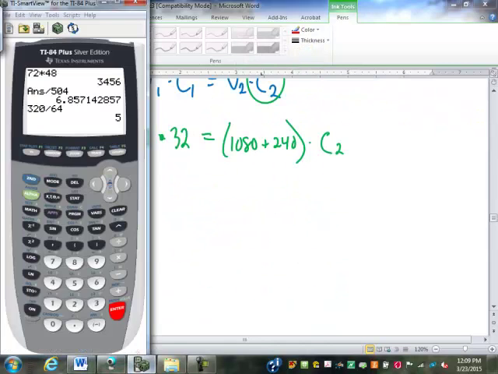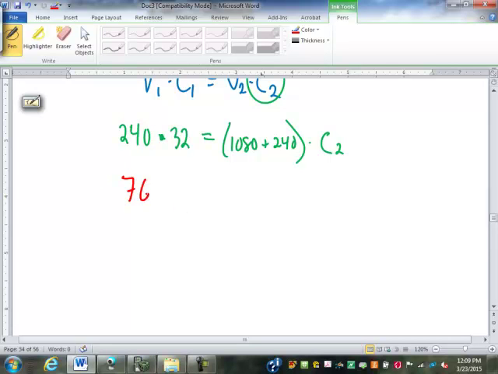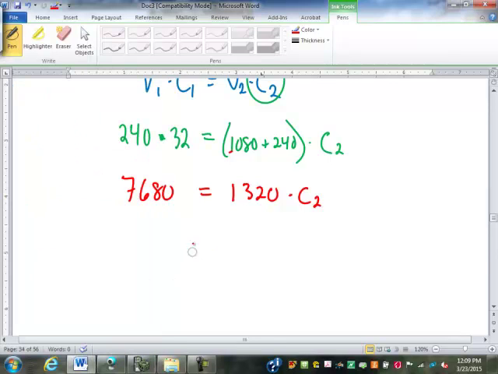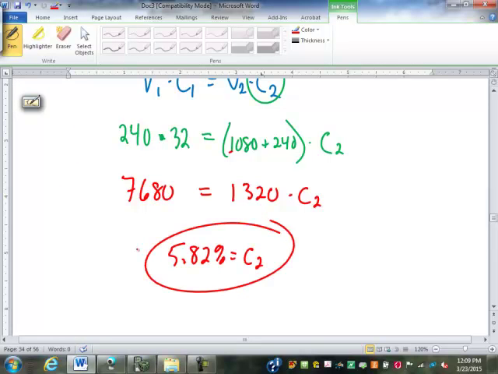So over here, we're going to do the 240 times 32, 7,680, equals 1,080 plus 240, which is 1,320, times C2, and we'll divide by 1320, giving us 5.82, basically, if you round that off, percent is our new concentration.